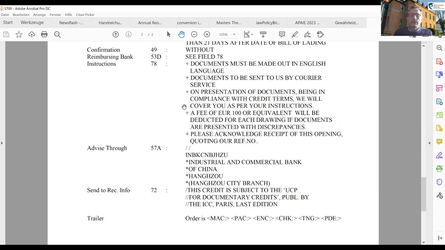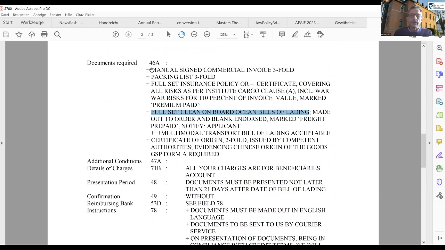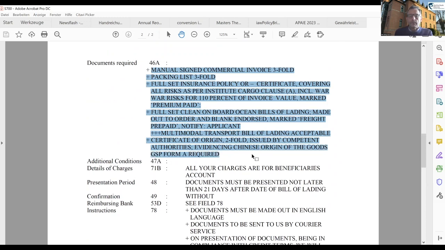Therefore, we have the intermediary, the bank, who guarantees to pay after presentation of the named documents. And the problem only is that you should be nearly sure that you receive the correct goods documented by these so-called documents required.